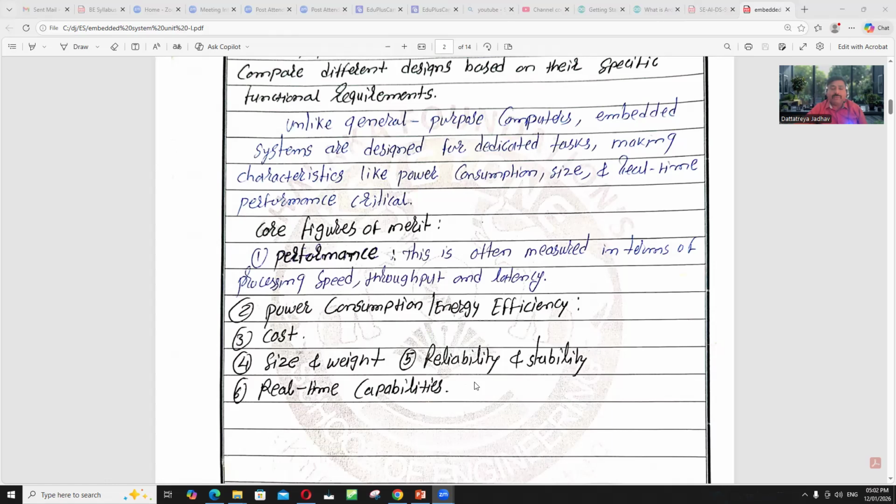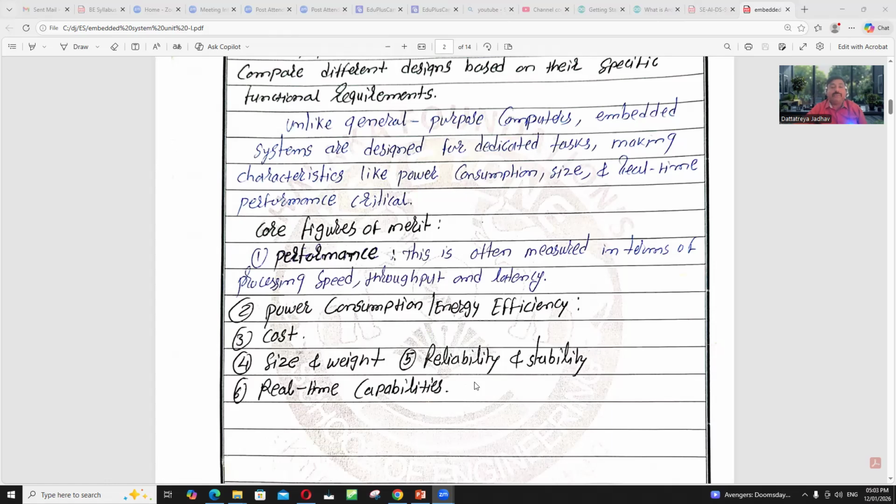Next, power consumption and energy efficiency, which are very important parameters related to the embedded system. We know that the characteristics say it should operate at very low power, so the requirement of power is very low, and execution should be reliable and stable. That is important.